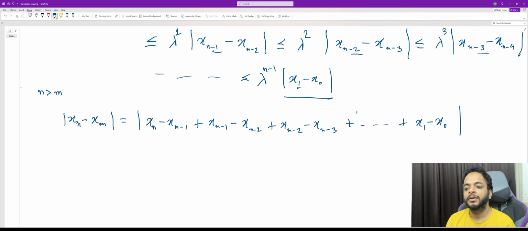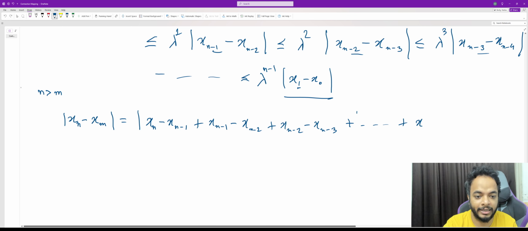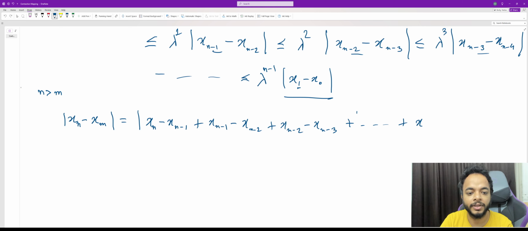Okay, sorry, I made a mistake. We are going till xm. So m is the last thing that we will be reaching. So that means it will be xm plus 1 minus xm.